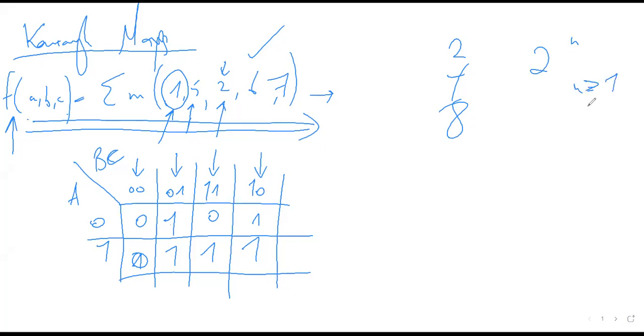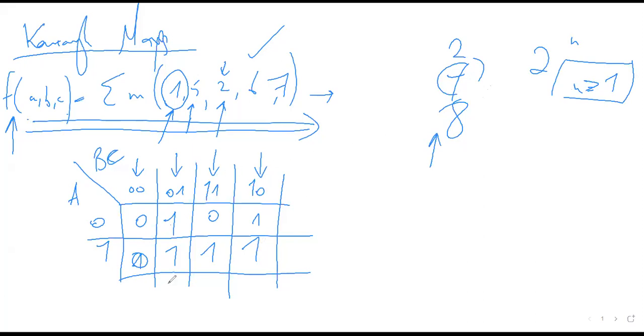So you start identifying the largest group first. If you have a group of 8 ones, that is the first one you use, then you use a group of 4 ones, then a group of 2 ones, a pair of ones.